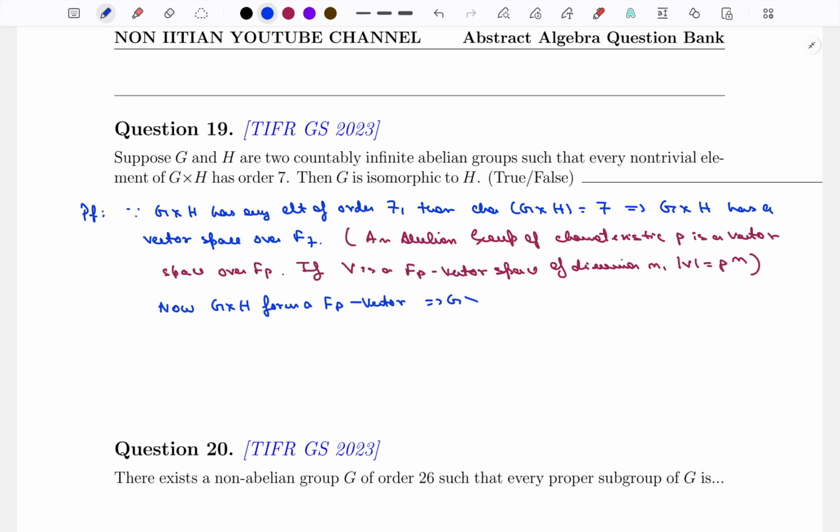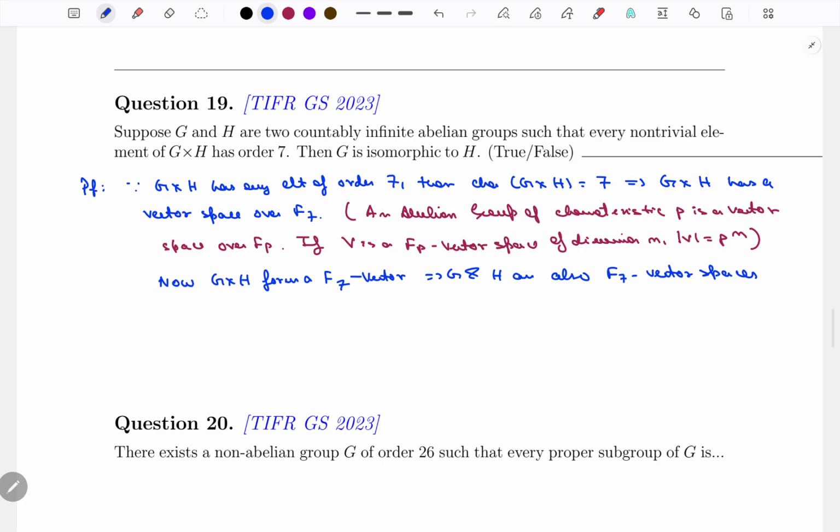So this would mean that G and H are also F7 vector spaces. But yeah, so now I think we can have this action. Now G and H cannot have finite dimension, because then they will be finite.